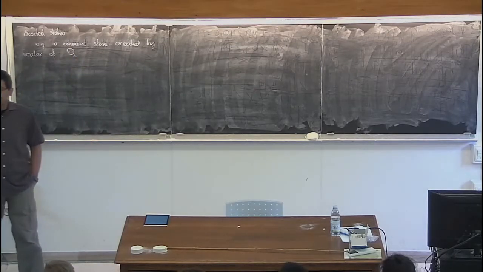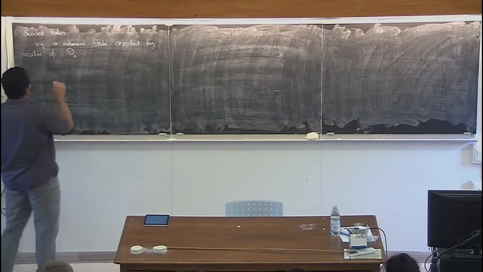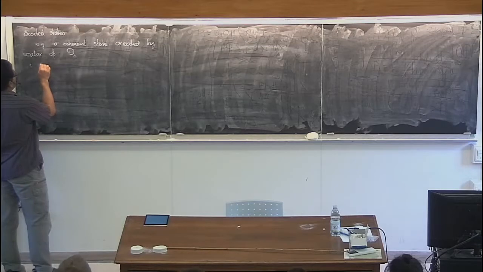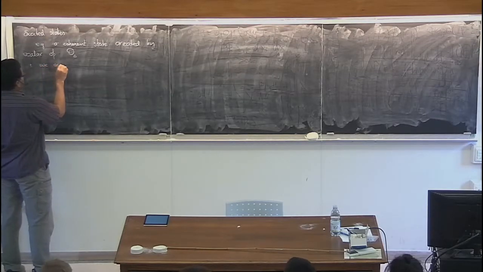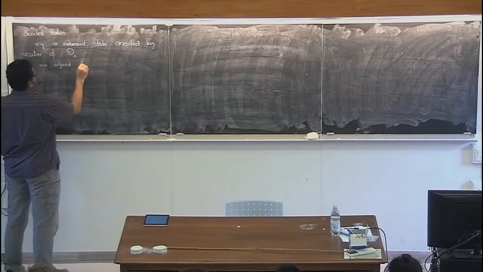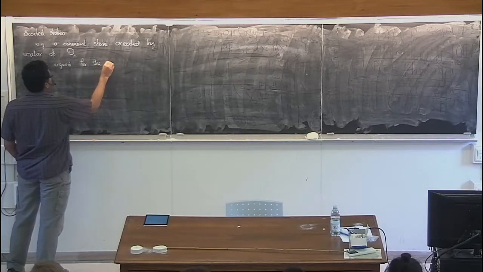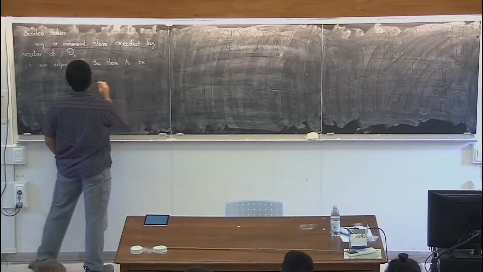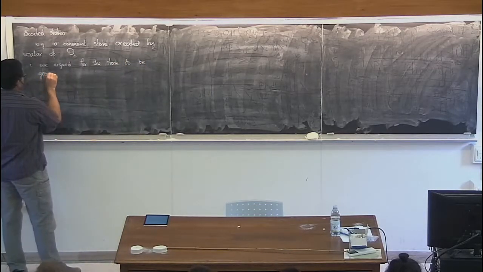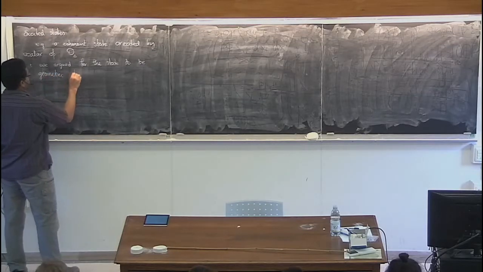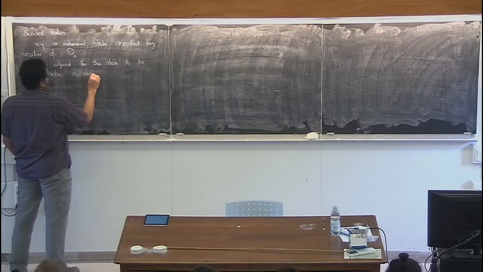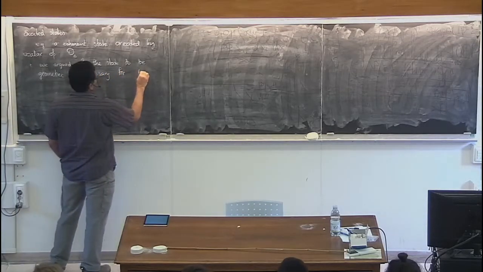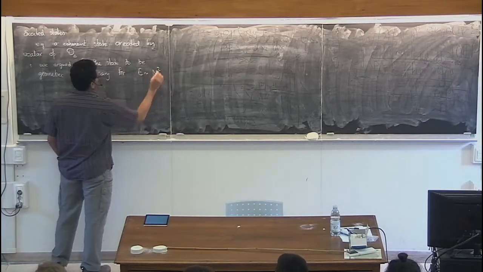So two things I want to emphasize. The first thing I want to say is that we argued for the state to be geometric, it's necessary for the energy to scale like N squared.